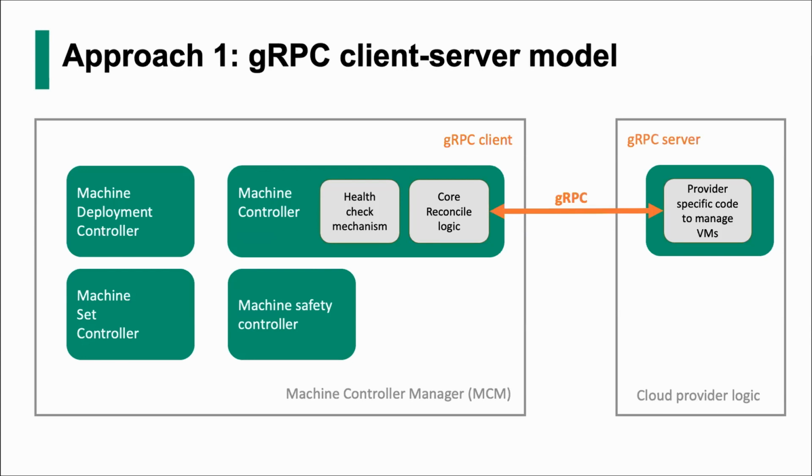The communication between these components was through gRPC, where the MCM was a gRPC client and the cloud specific logic was a gRPC server. These gRPC calls had an interface like, for example, create, delete, list machines and things like that. And even the safety controller, which, say, identifies duplicate VMs, would issue delete calls using gRPC.